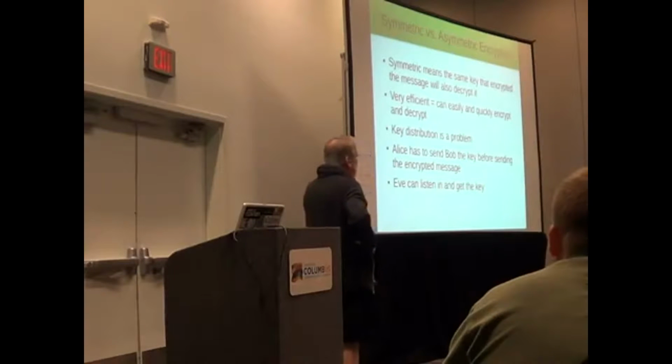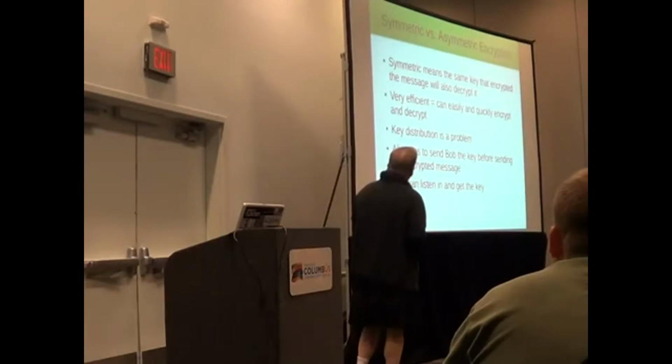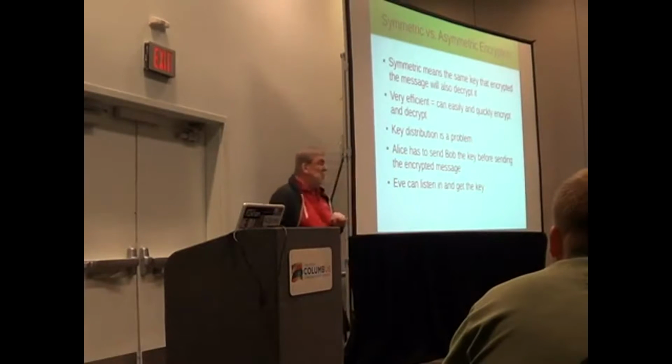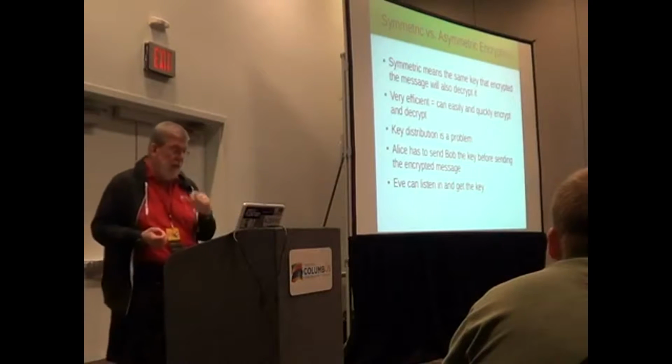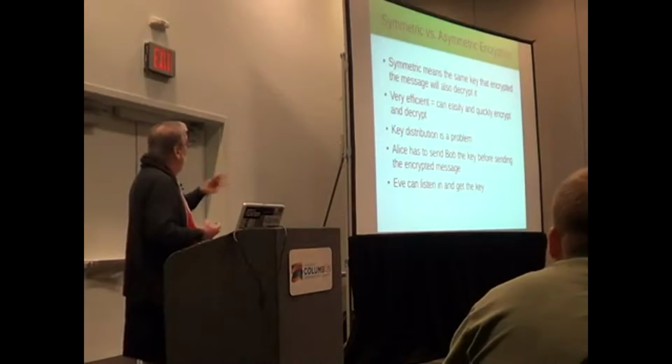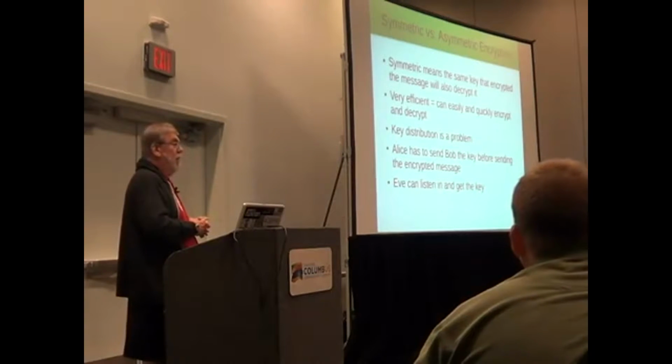So if you're going to do any significant amount of encrypting and decrypting, you probably want to do symmetric. A whole lot fewer CPU cycles are involved. Well, now we've got the key distribution problem. How do we distribute the key?